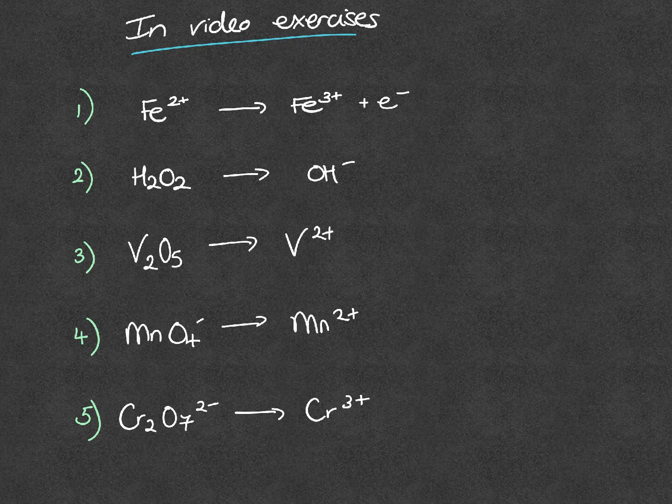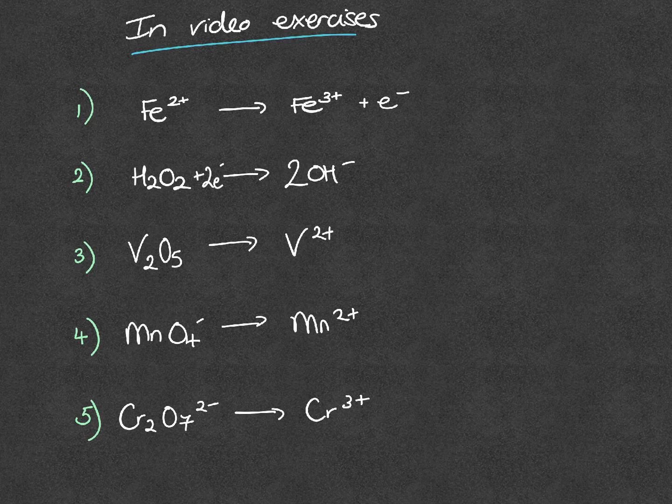So try to use coefficients first. So we're going to put a 2 in here. That means that the left hand side is neutral, the right hand side is 2 negative, so therefore to balance that up we're going to have 2 electrons on the left hand side. Didn't leave myself very much room for that one.